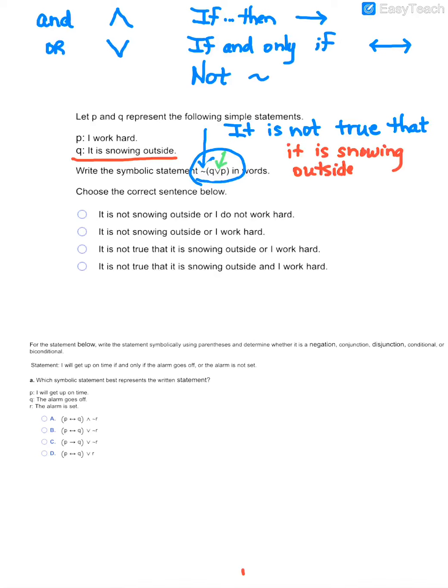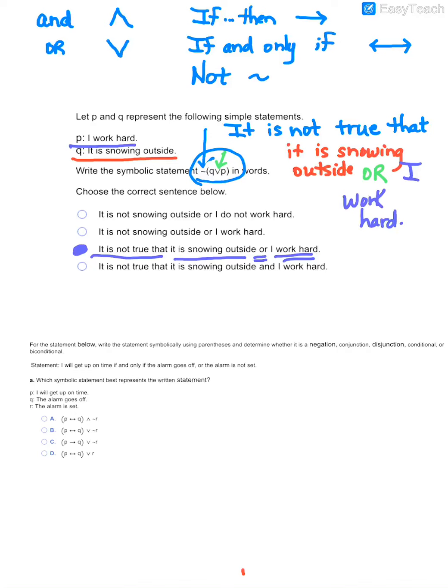And then finally we have the letter P, which translates as "I work hard." So the translation should say, "It is not true that it is snowing outside," or "I work hard." So this would be that correct statement there.